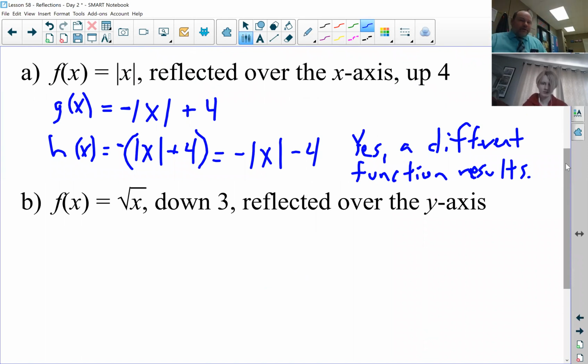So another one, we have the square root of x. We're going to shift down 3 units and then reflect over the y-axis. So again, if I let g of x be my new function, I'm going to change that a little bit.